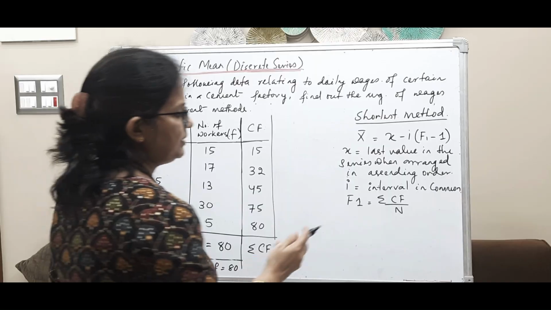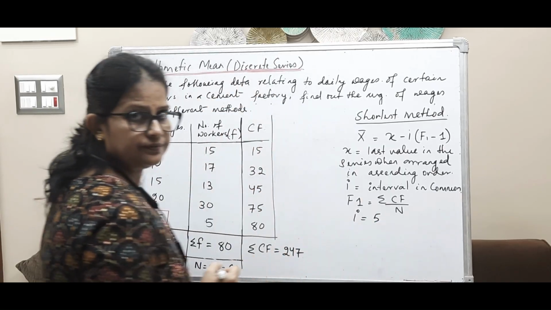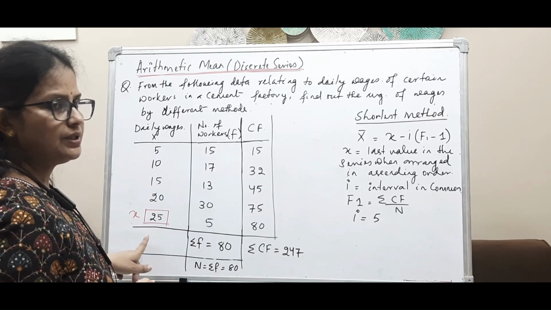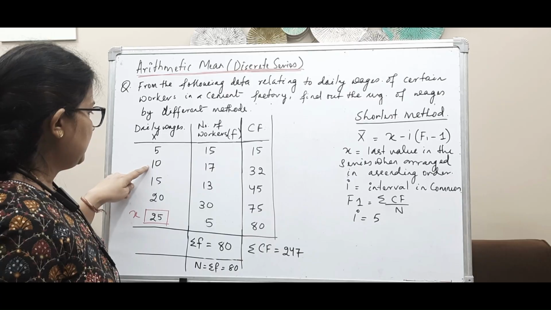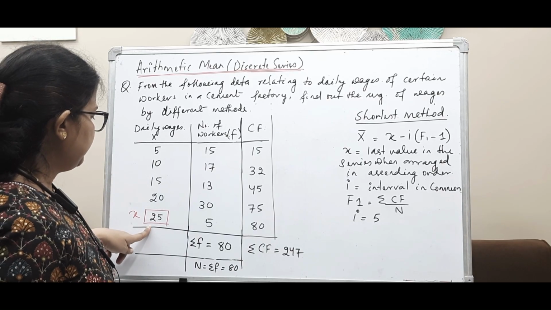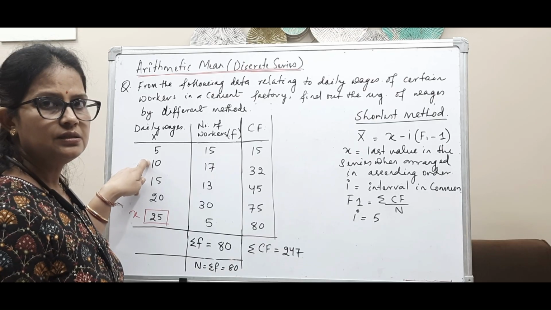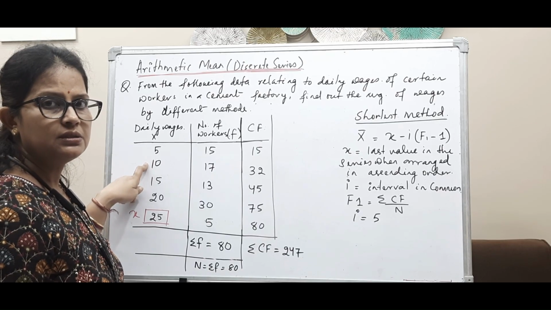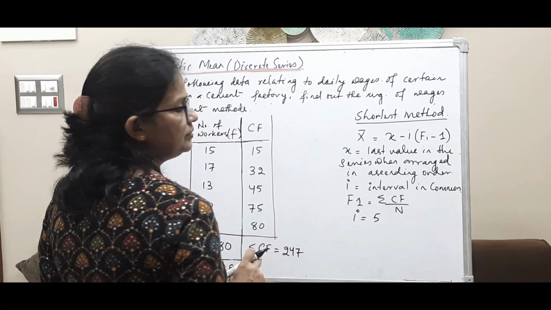So I can write here I equal to 5. From the series only we can find it: 5, then 10, then 15, then 20, then 25. So the interval between two numbers is 5.